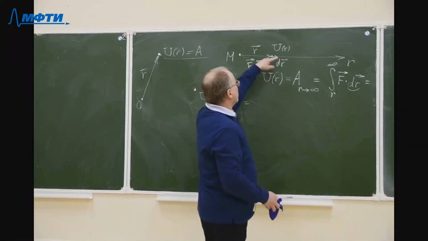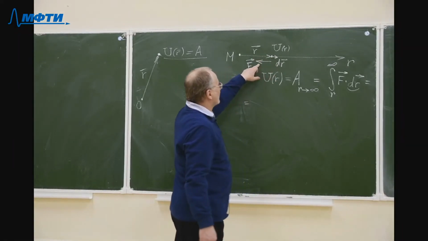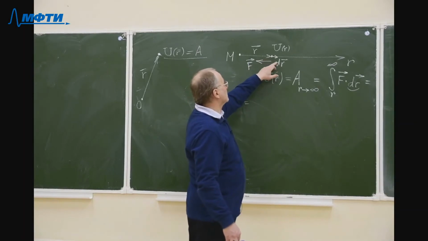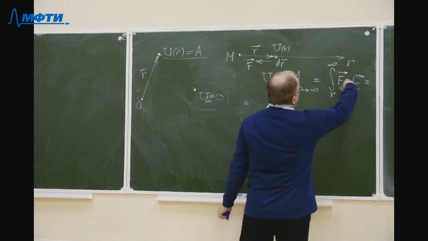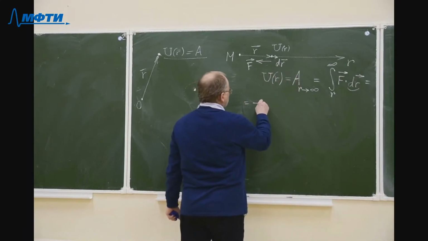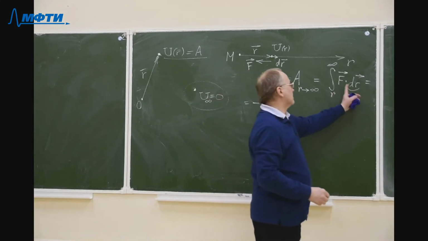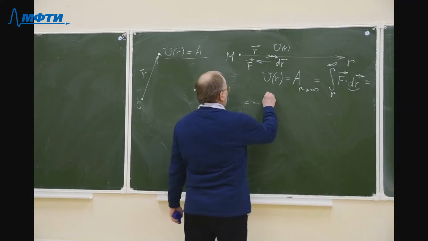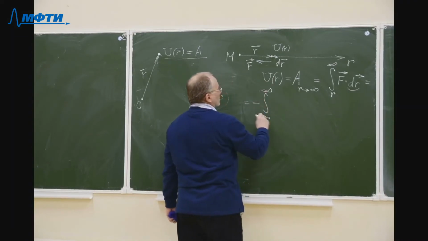So the angle between dr and F will be 180 degrees, so the cosine of this angle will be -1. So when I go from vector form to scalar form, I must take into account that the cosine between these two vectors will be -1, and so the integral will be this one.